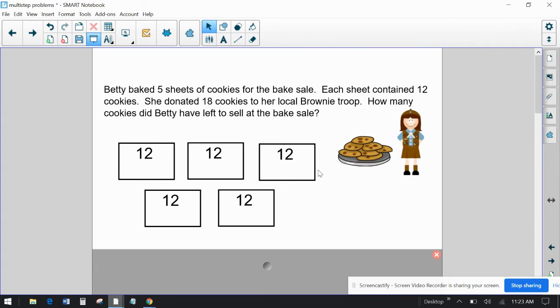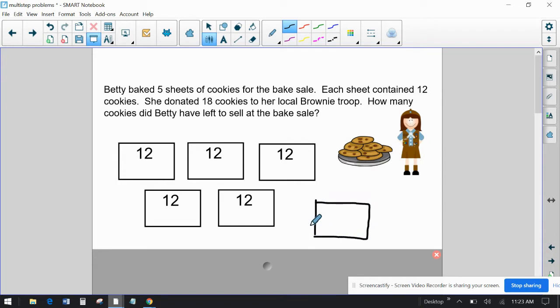So this is 12 times 5, and if you remember how we would set this up from the other day, the small number goes here, the 12 gets broken up into a 10 and a 2, right? And then 10 times 5 is 50, and 5 times 2 is 10.